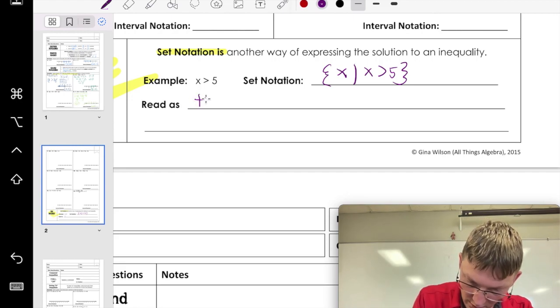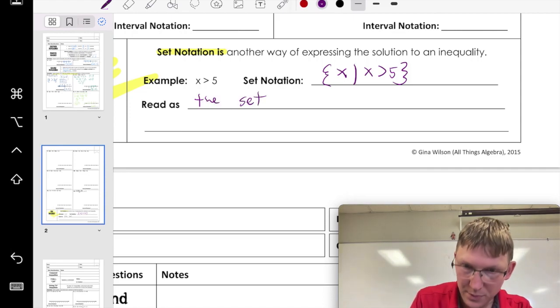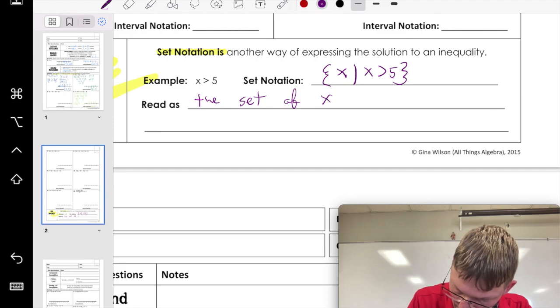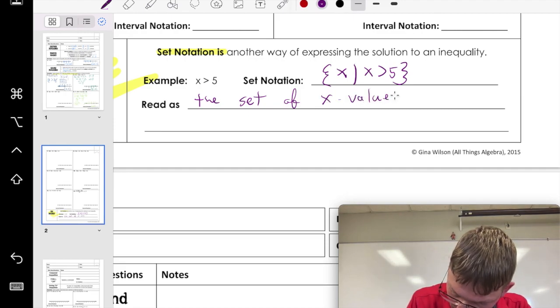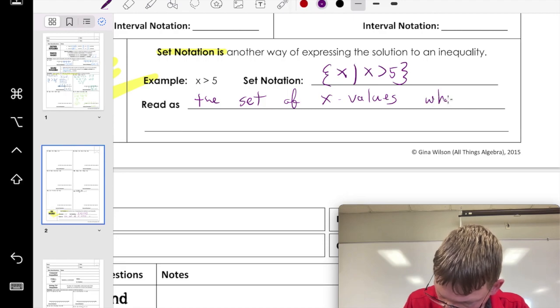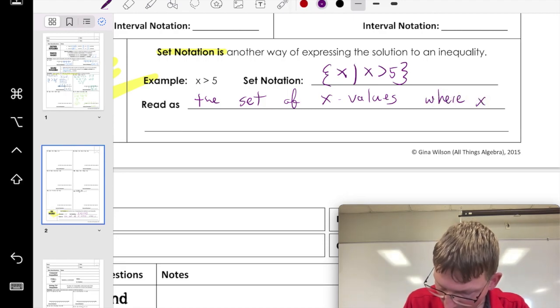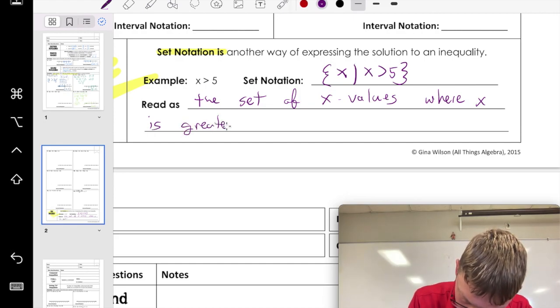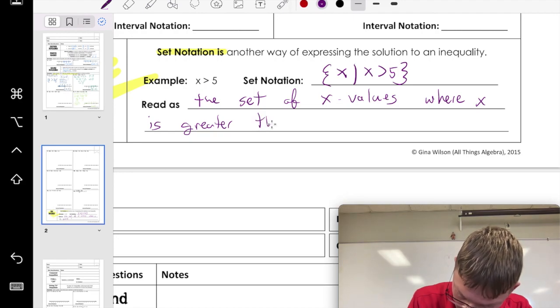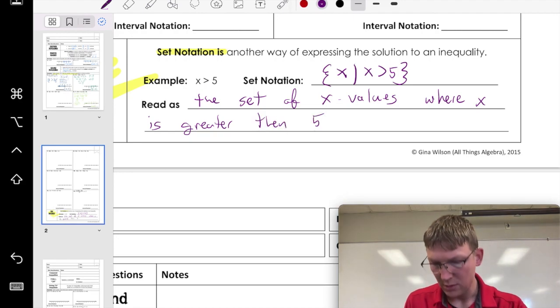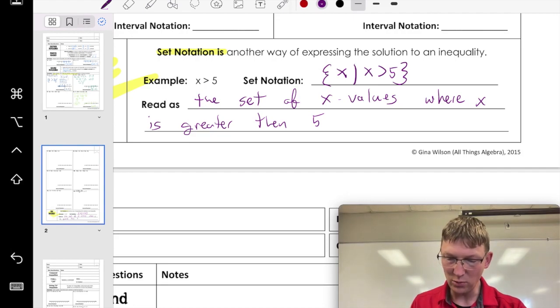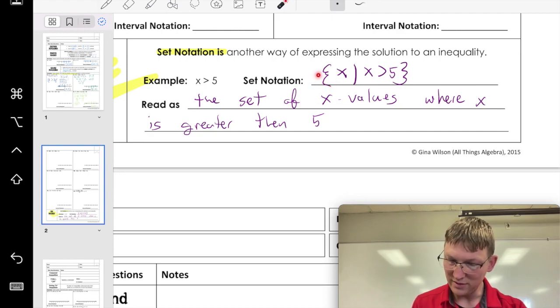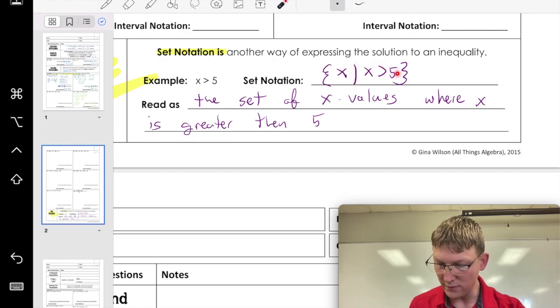So again, either the set of x values where x is greater than 5, or you heard me say it as the set of x such that x is greater than 5.